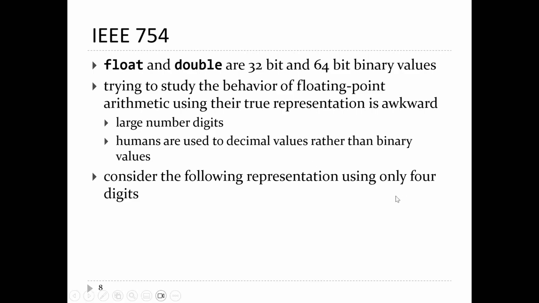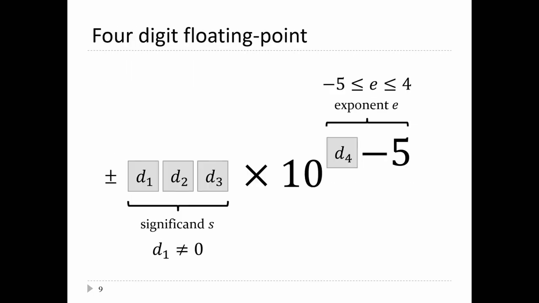Instead, we're going to look at a reduced version so that we can actually write down numbers in a convenient way. All the ideas are still the same as what's in the standard. So instead of using 32 or 64 zeros and ones, I'm going to use 4 decimal digits, so 0 through 9. And so our representation is going to look like this.